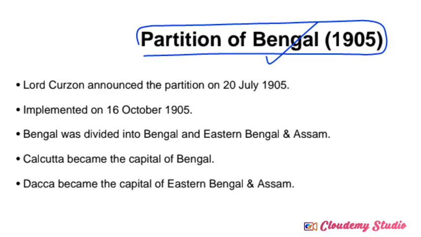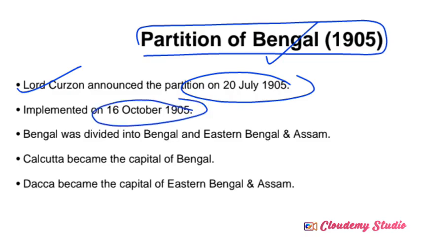That's why Lord Curzon, a British person, announced the partition of Bengal on July 20, 1905, and it was implemented on October 16, 1905. This was one of the greater decisions of Lord Curzon. Based on the huge population of the Bengal region, he decided to divide Bengal into two parts.